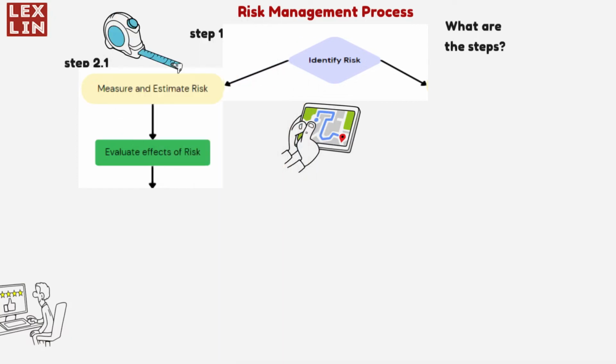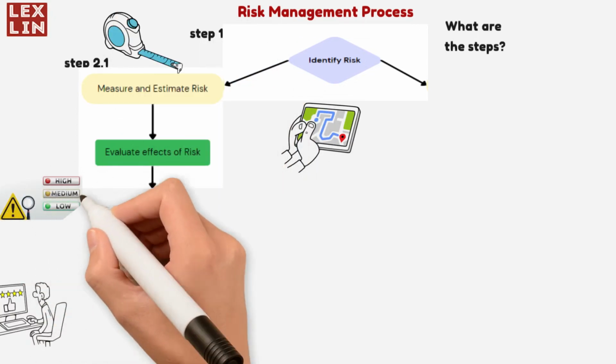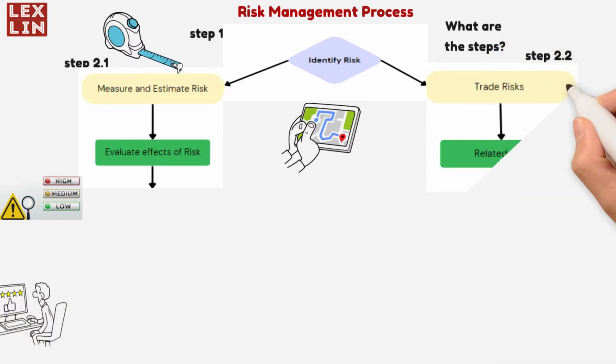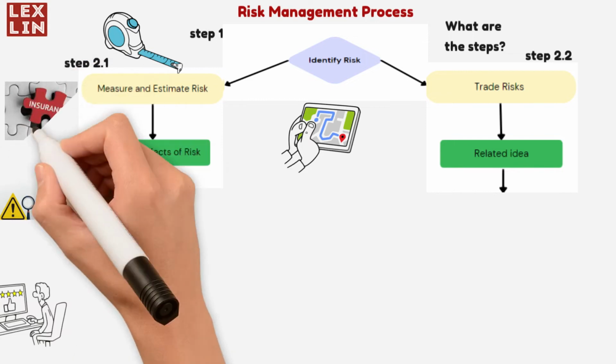And also, when you find a risk, you can trade the risk. You can change that risk and maybe buy insurance. Cyber insurance is something that people buy to transfer risk, or you could outsource.